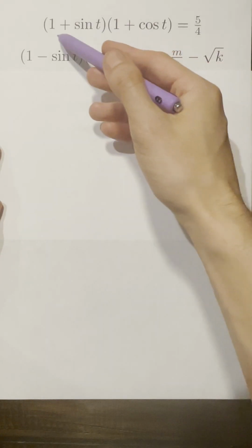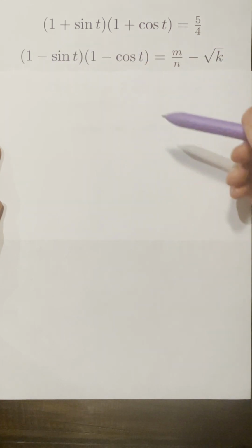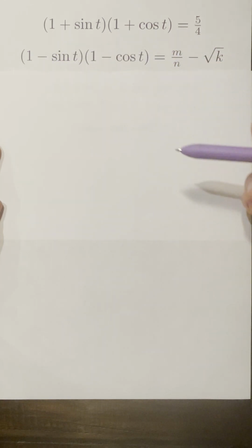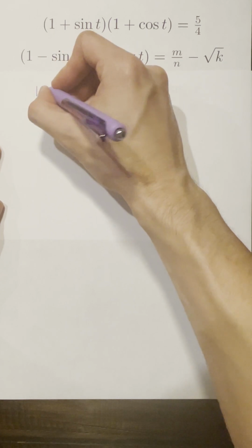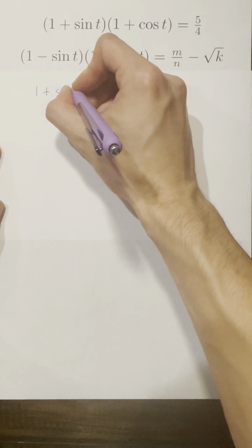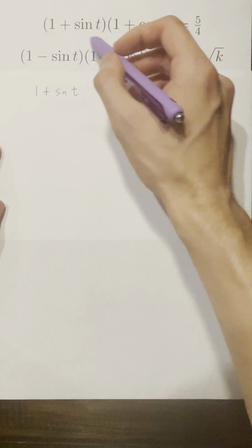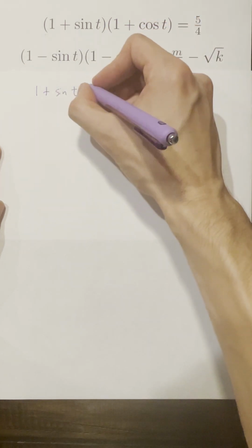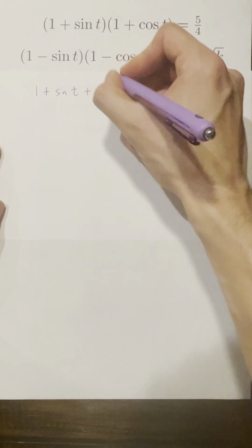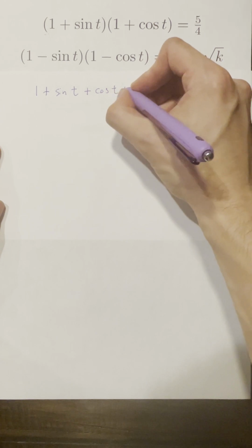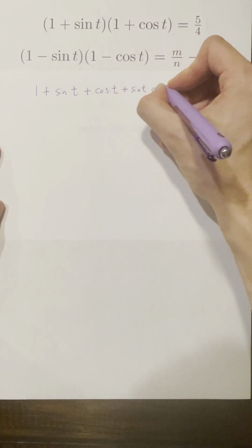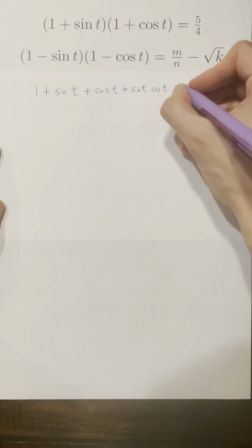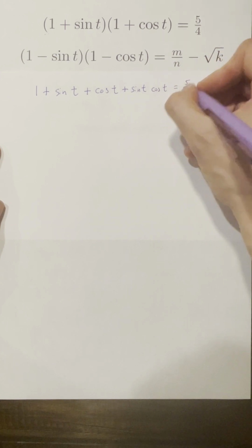So we've got two very similar expressions here, and what's different? Well, if I expand the first expression, what do I get? So if I expand this, I'm going to get 1 plus sine t plus cosine t plus sine t times cosine t is equal to 5/4.